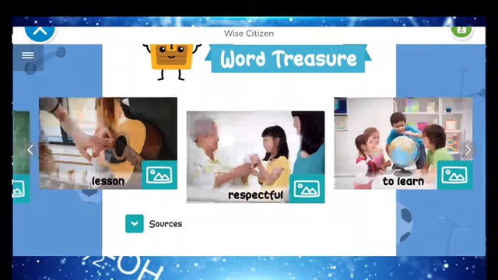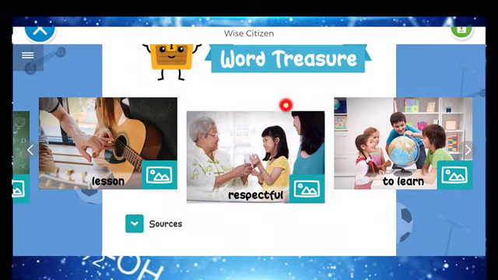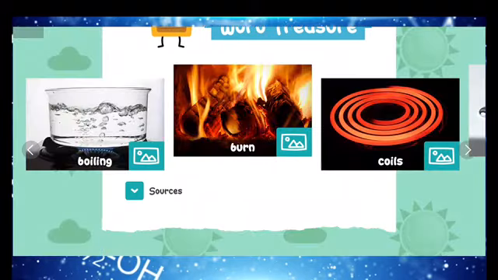The other words, lesson, lesson. Respectful, respectful. To learn, okay? So now let's continue with the other word treasure.